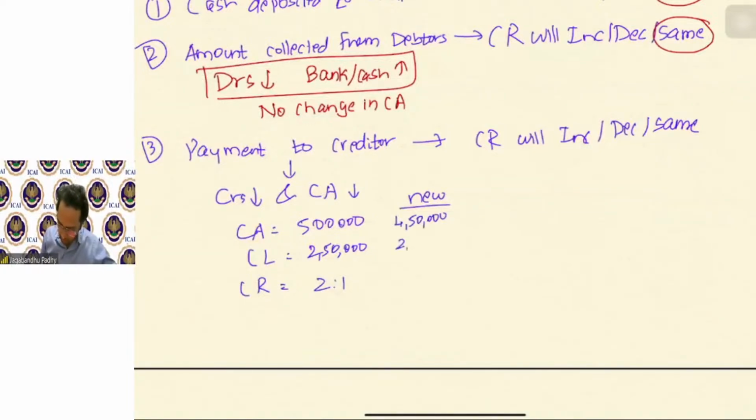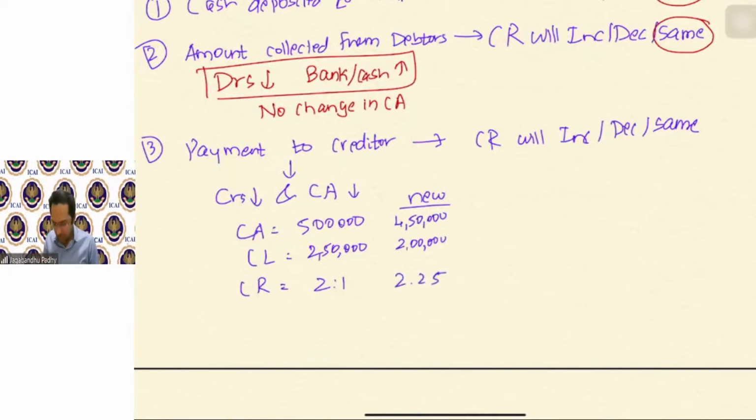Current liability will be 2 lakh. So current ratio will be 4 lakh 50,000 divided by 2 lakh. This works out to be 2 point something.